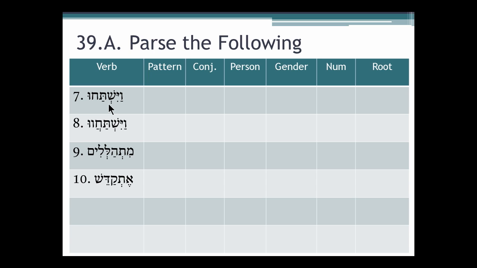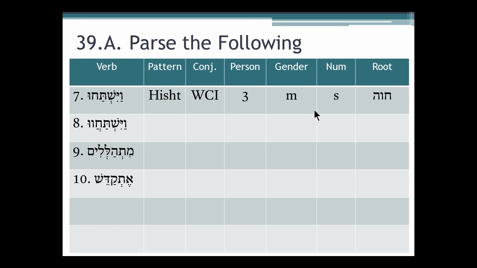Well, the root is chava. All right, so what we have here is yishtachu. We don't have yishtachavu. Now that's important here because if we had that second consonant right here, we would have a plural, but we don't. So we have a third masculine singular.